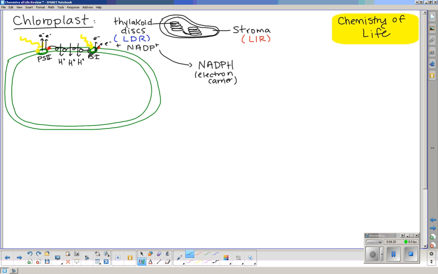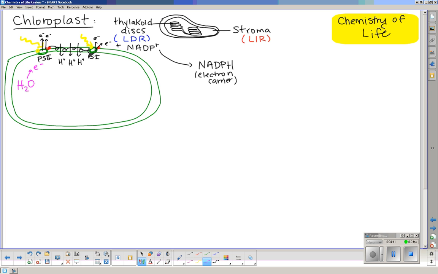The electrons that are continually leaving from the photosystems need to be replaced. These electrons are replaced from water. Water is the source of electrons. Water is split in a process called photolysis.